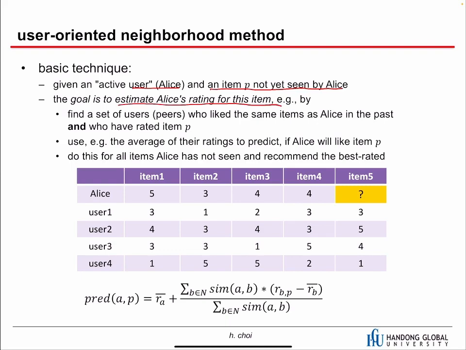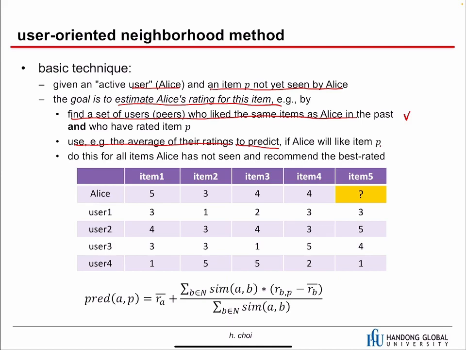Then find a set of users who liked the same items as Alice in the past and who have rated item P. So we have to find the neighbors. Then use the average of their ratings to predict if Alice will like item P. And do this for all items Alice has not seen and recommend the best rated.